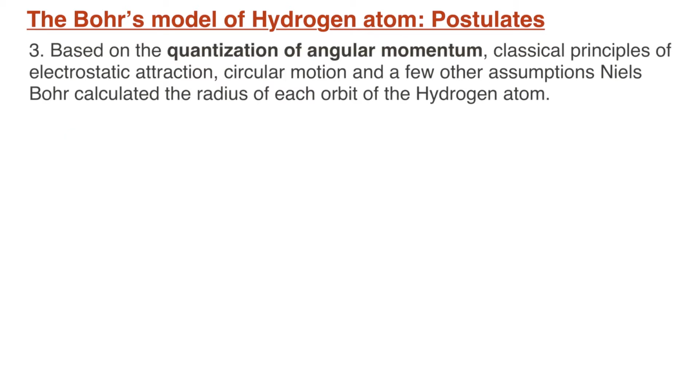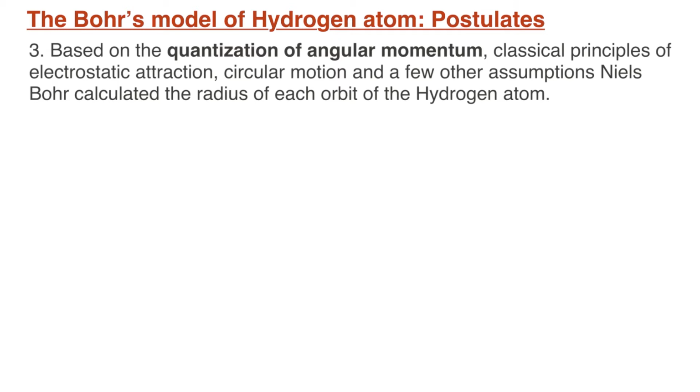Next postulate. Based on the quantization of angular momentum, classical principles of electrostatic attraction, circular motion, and a few other assumptions, Niels Bohr calculated the radius of each orbit of the hydrogen atom.